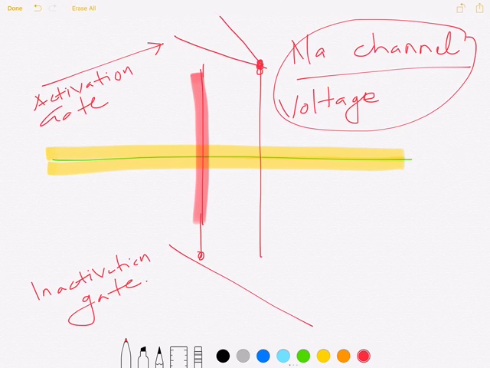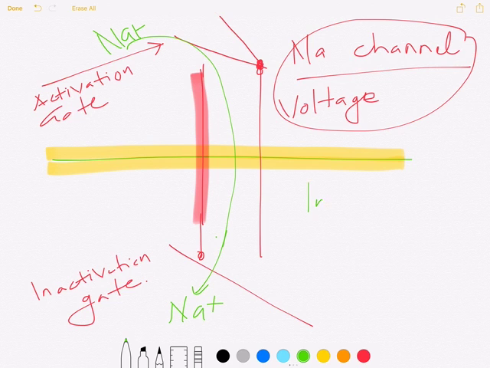And when the activation gate opens up, the sodium that's waiting outside just gushes into the cell. So there's an influx of sodium. Let's use a technical term: influx of sodium ions into the cell through a voltage gated sodium channel, which is opened by a change in voltage or arrival of an electrical impulse.